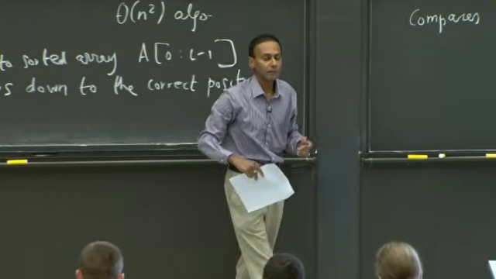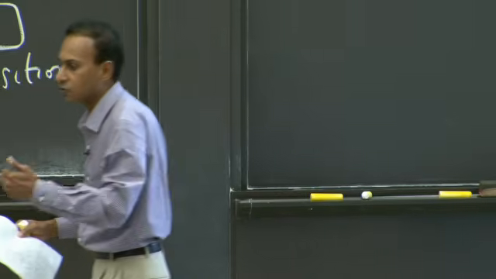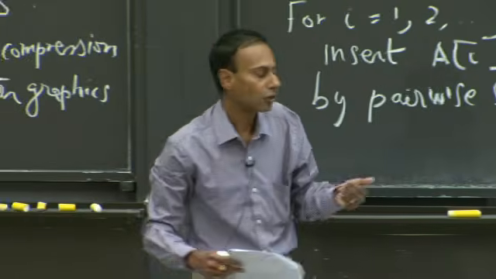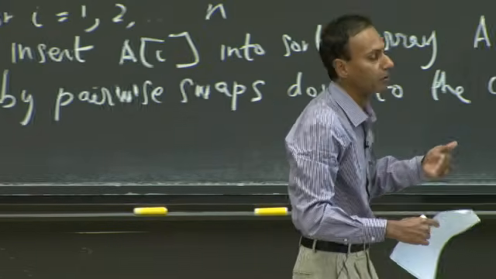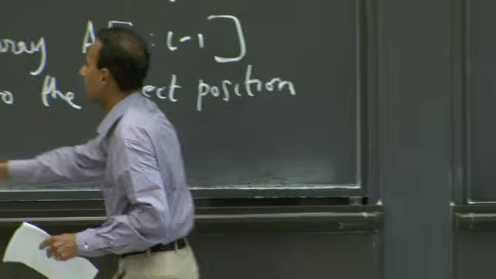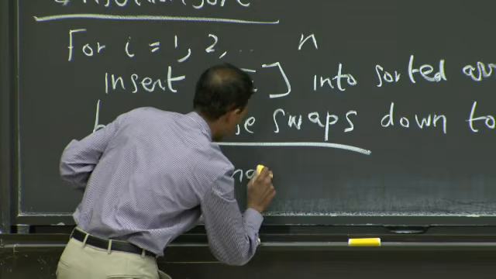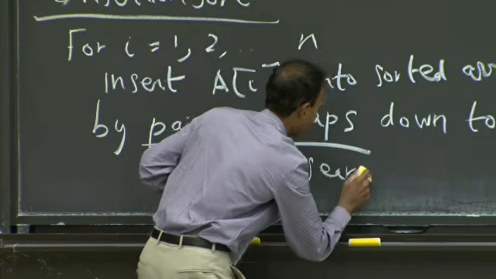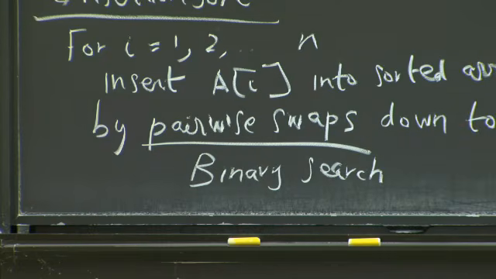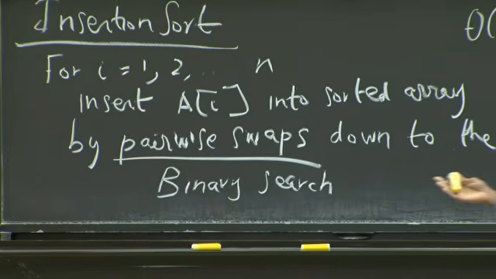Okay, and so you can take insertion sort and trivially turn it into a theta n log n algorithm if you're talking about n being the number of compares. And all you have to do is say, you know what, I'm going to replace this with binary search. And you can do that, and that was the key observation, because a of 0 through I minus 1 is already sorted, right?